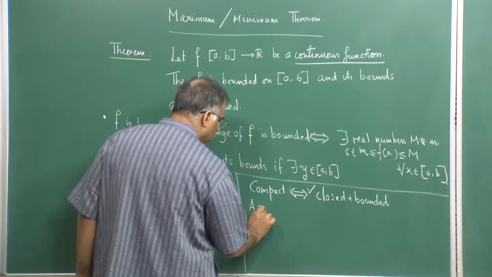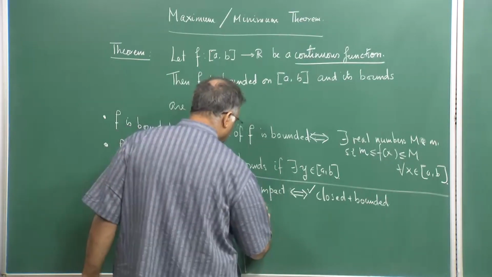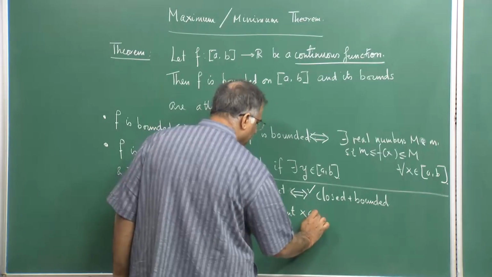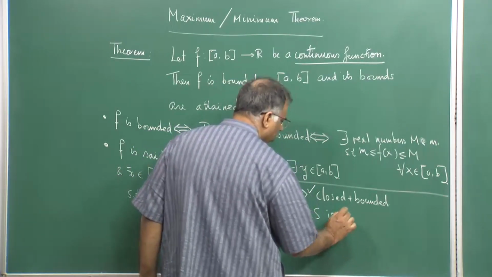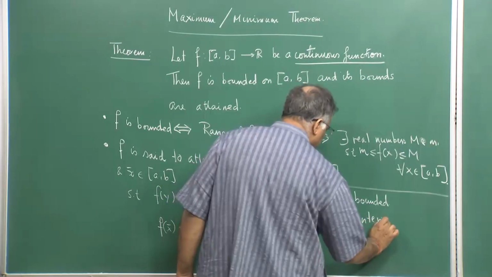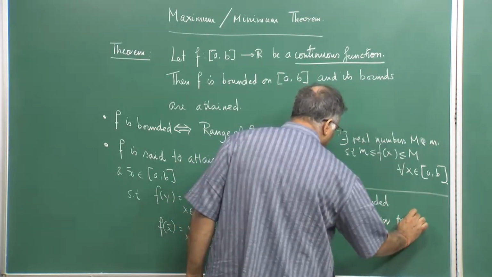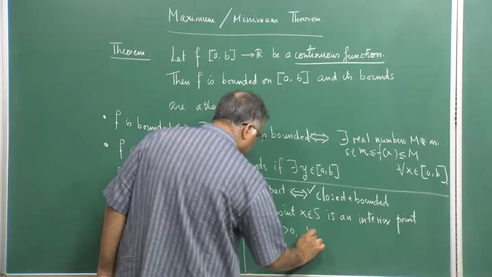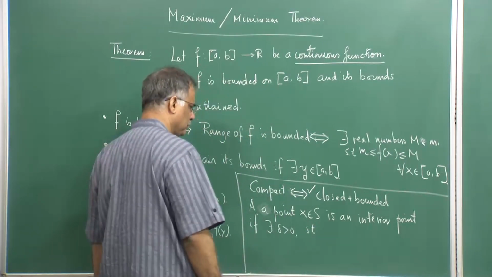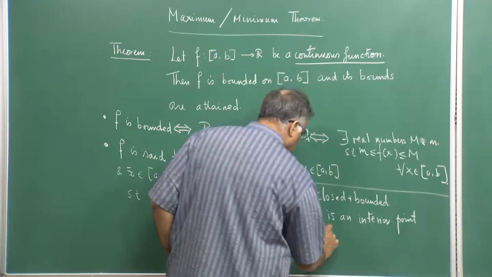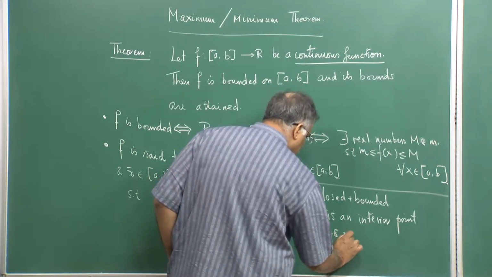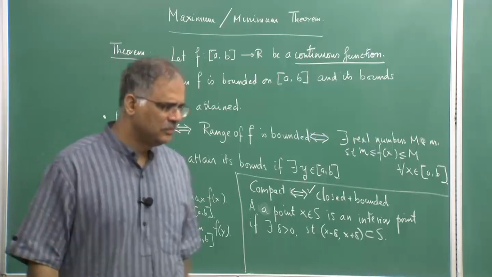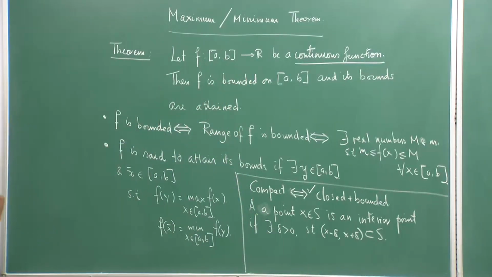So, a point x element of S is an interior point if there exists delta greater than 0 such that x minus delta, x plus delta, this again is a subset of S. So, such points are called interior points, they are inside.